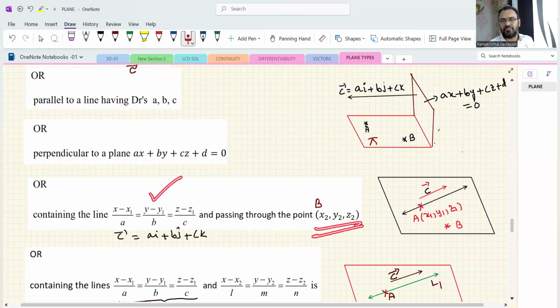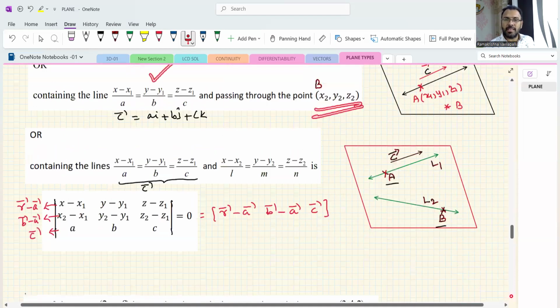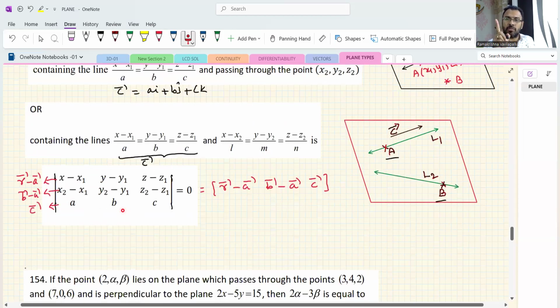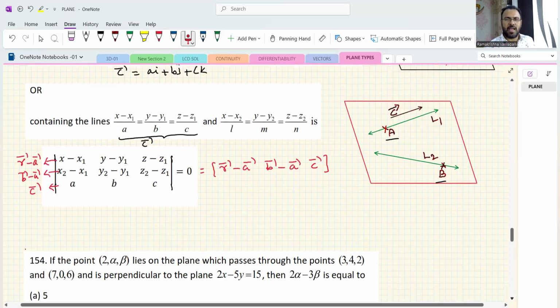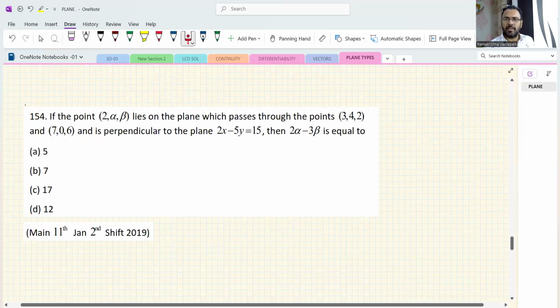For all these, there is only one formula, the box of r bar minus a bar, b bar minus a bar, c bar is equal to 0, the determinant of x minus x1, y minus y1, z minus z1. You will get this equation of plane in 1 minute if you really understand the concept. Well, I'm going to explain a few questions.